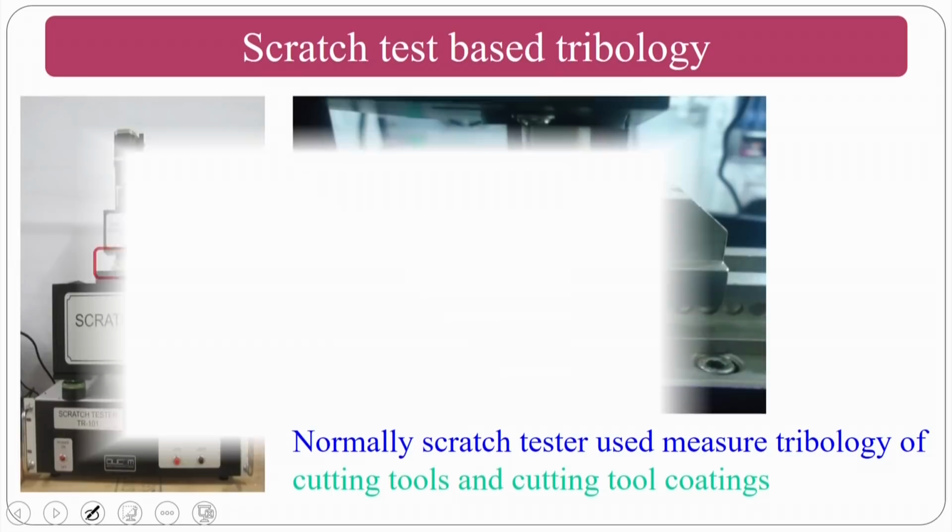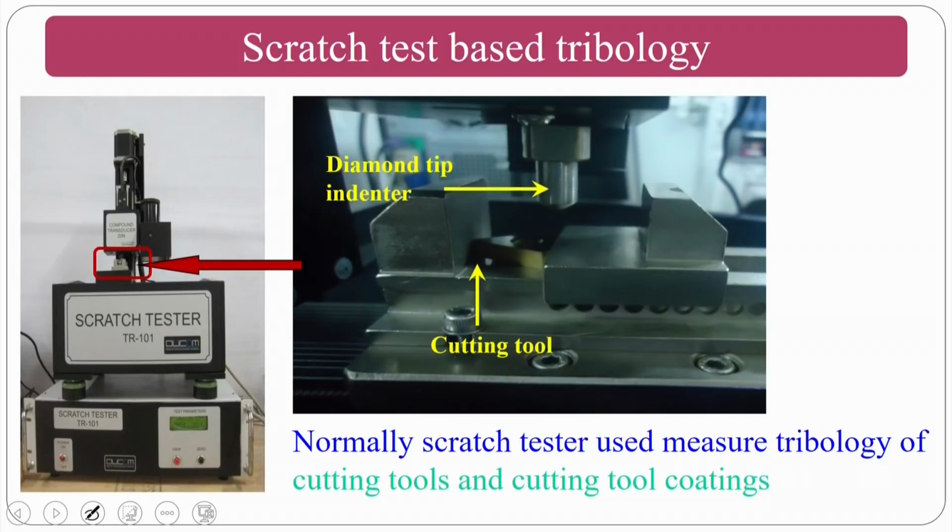Another one: normally to test the tribological aspects, the scratch tester is also used, because whenever there are tool coatings, in those circumstances, we want to know at what load and what speed the delamination of the coating takes place. For that type of tribological aspect, scratch test based tribological conditions are normally used. This is the diamond indenter, and you give a reciprocation.